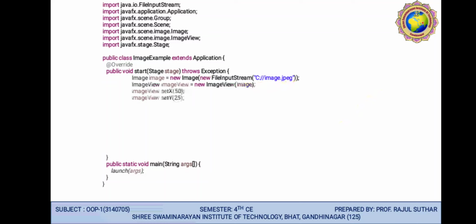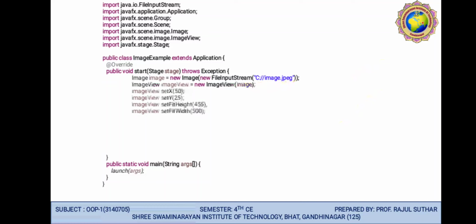Here x and y values are required: where our image is placed and what size of image we want to display. So imageView.setX is 50 and setY is 25.